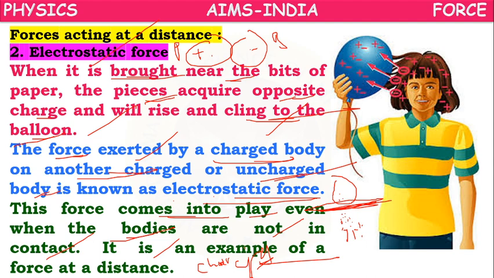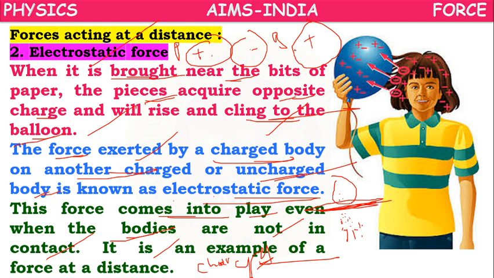So magnetic force is because of the south pole and north pole. Electrostatic force is because of the positive charge and negative charge. Like this, if you rub the balloon, suppose the balloon has got positive charge.